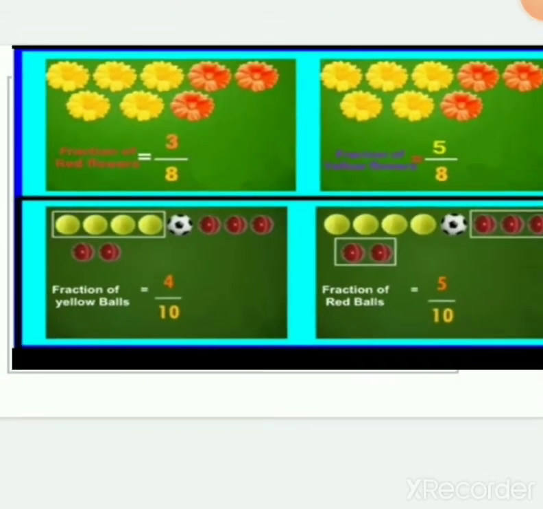Now here again, red flowers and 5 yellow flowers. So the fraction of the flowers that are yellow is 5 by 8.